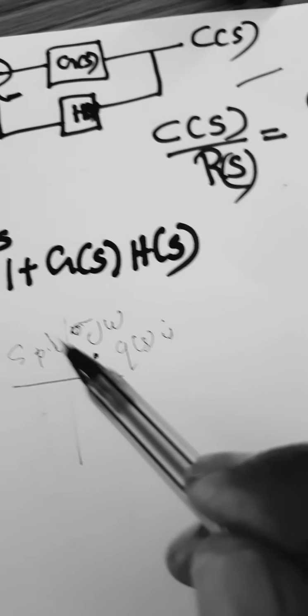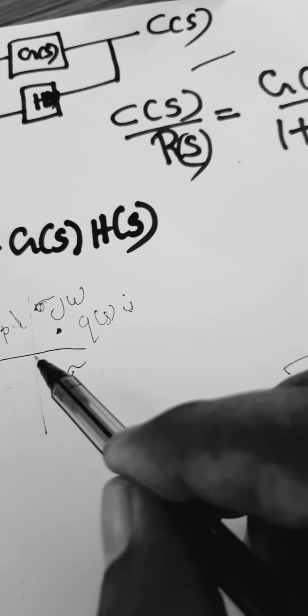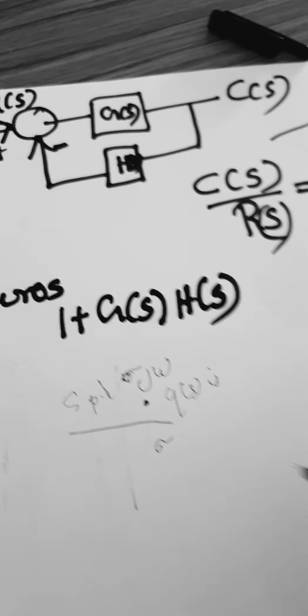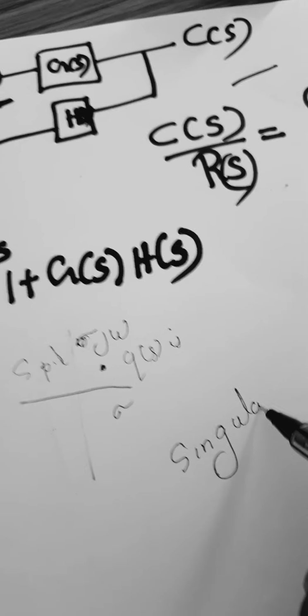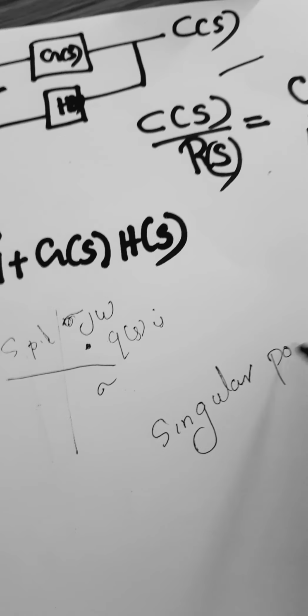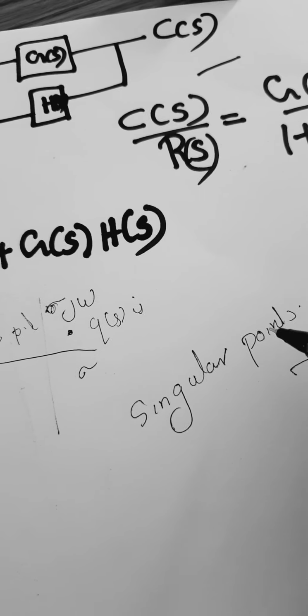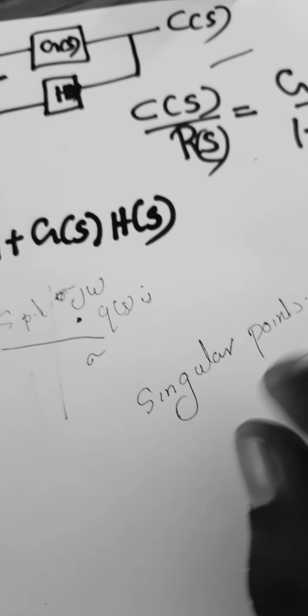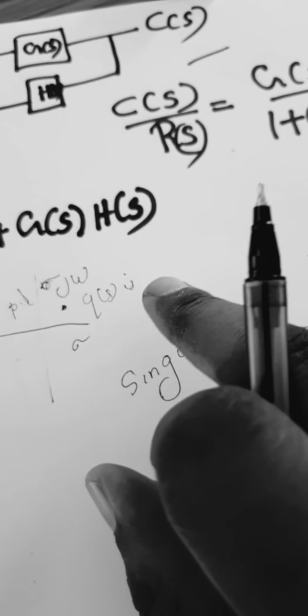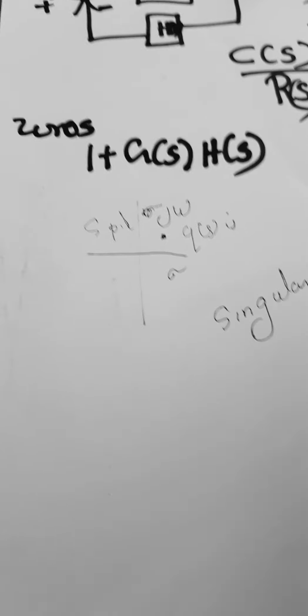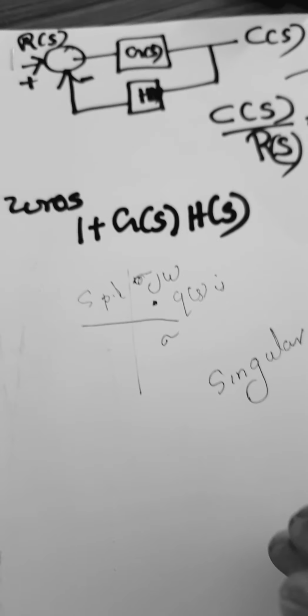So our concern is non-singular points, that is, where the function and its derivative exist. But if they do not exist, then it is known as a singular point.